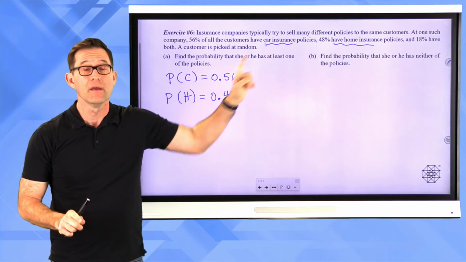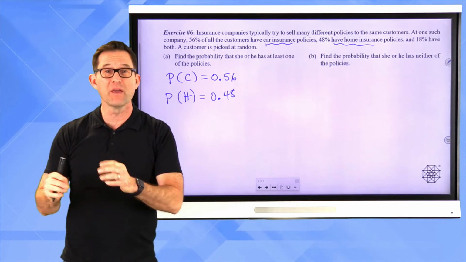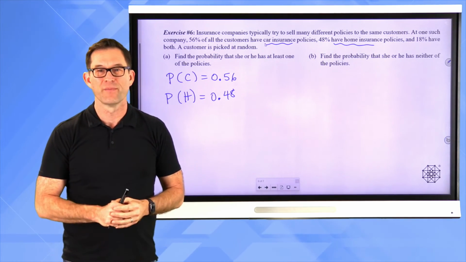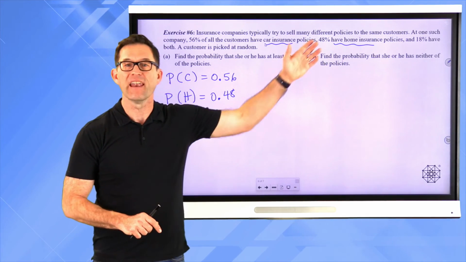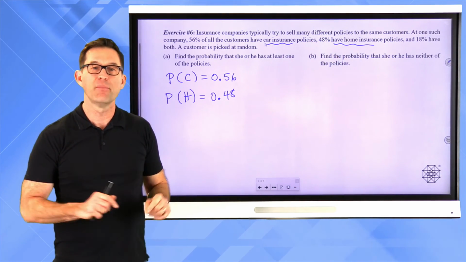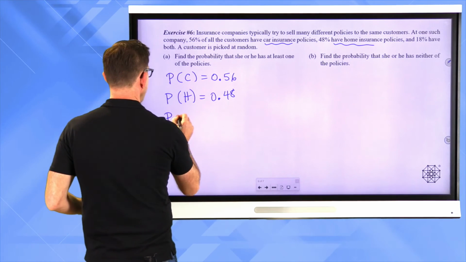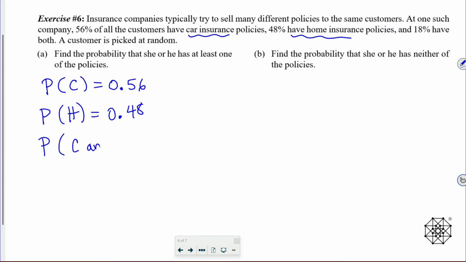They didn't say that. 56 out of 100 people have car insurance, 48 out of 100 people have home insurance, and 18 out of 100 have both. So the probability of somebody having both car and home insurance is 0.18.